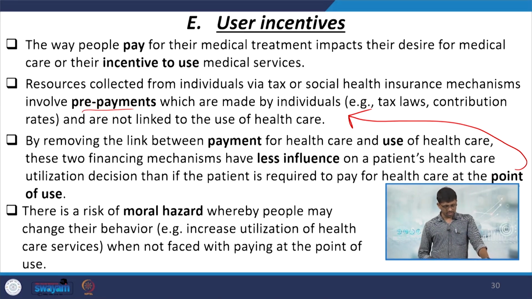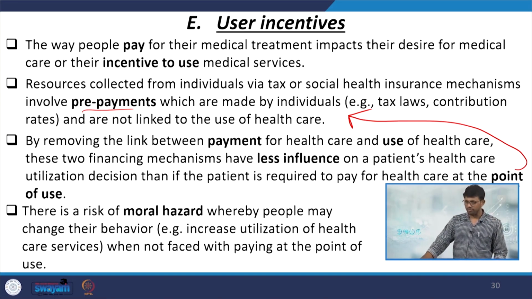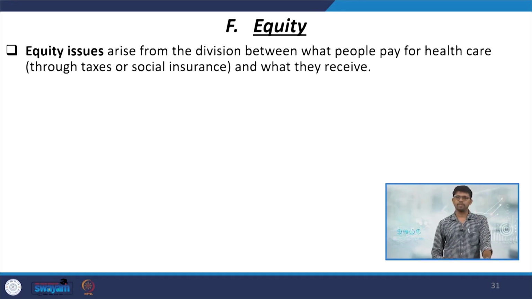In fact, there is a risk of moral hazard whereby people may change their behavior when not faced with paying at the point of use. So, basically the moral hazard problem tells that there might be overutilization of healthcare services under prepayment. And when somebody is paying the fees, there is a different reflection of behavior. So, accordingly different models are designed.